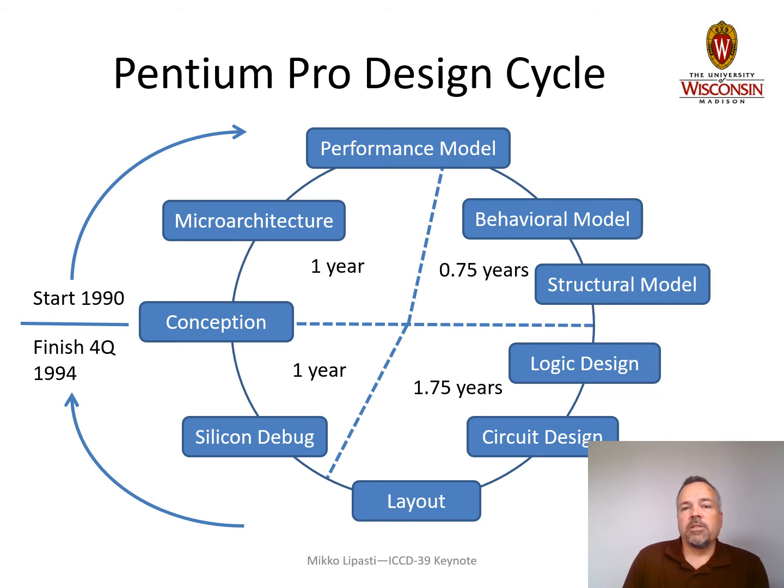Then they took about 9 months to implement a behavioral model and a structural model, and then 1 3/4 years to do logic design, circuit design, layout, and then another final year once the chip had taped out to do silicon debug to make sure everything worked correctly. So this is kind of the way life worked in the 1990s when we were designing computers.